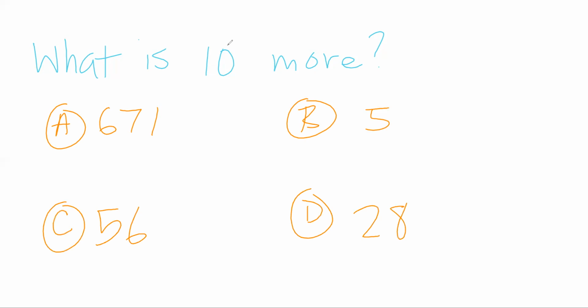Okay, so now the question is, what is 10 more? So again, if we're thinking tens, then we're only going to focus on the tens place. So in that case, that would be here. In this case, it would be here, right? There's nothing there. There's here and here. I would focus on only my tens place, and that's just what's going to change. And it's only going to change by 1 because I'm adding 10 more. So we would say 681. And it just went up 10.